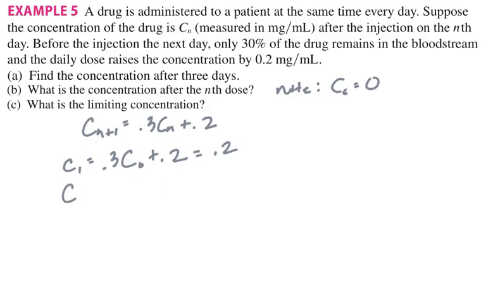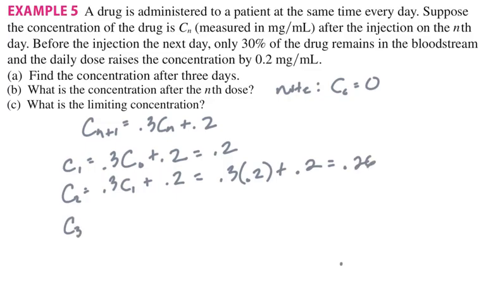And then C sub 2 is 0.3 C sub 1 plus 0.2. So I have 0.3 times 0.2 plus 0.2. So that's 0.06 plus 0.2 is 0.26.